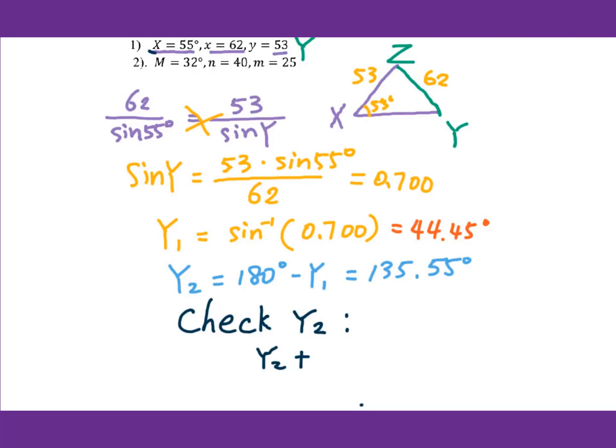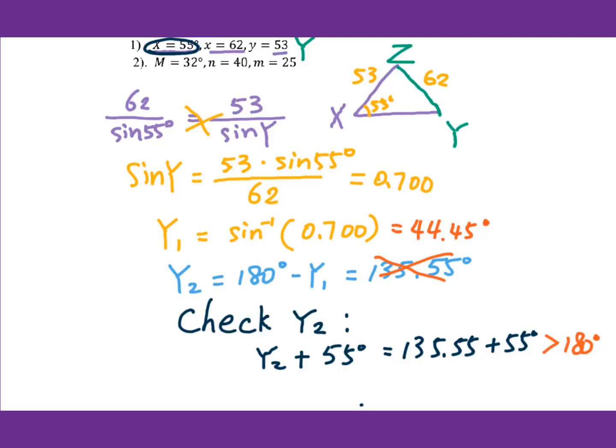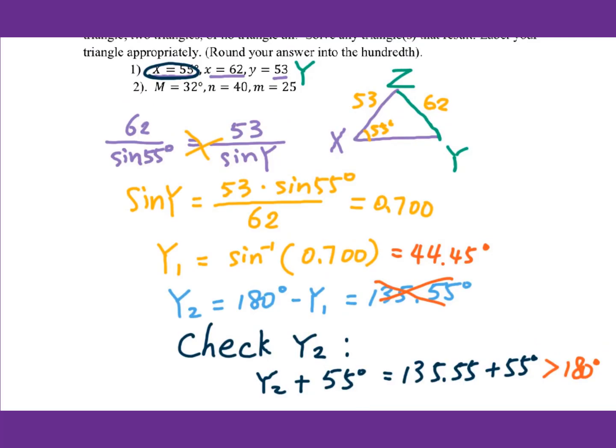Given angle, that's 55 degrees. 135.55 add 55 is greater than 180 degrees, which means this y2 is not right. Which means we have only one triangle to solve.